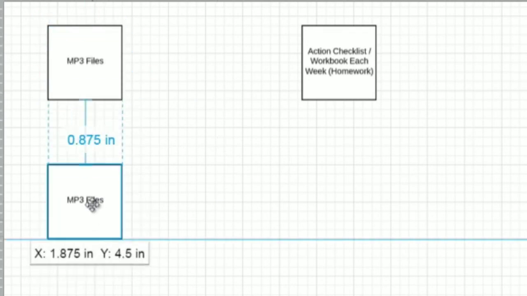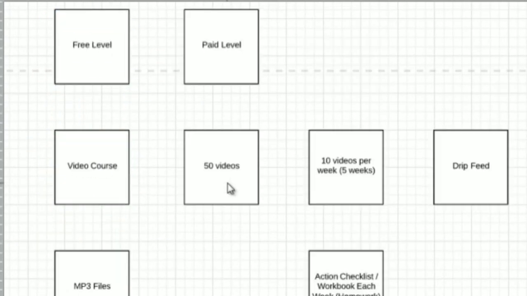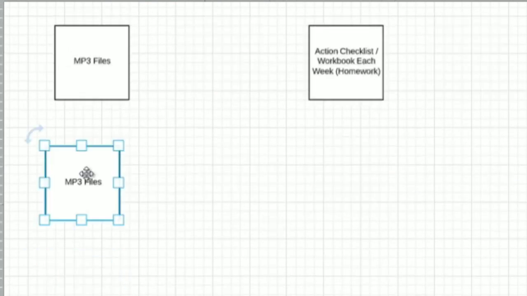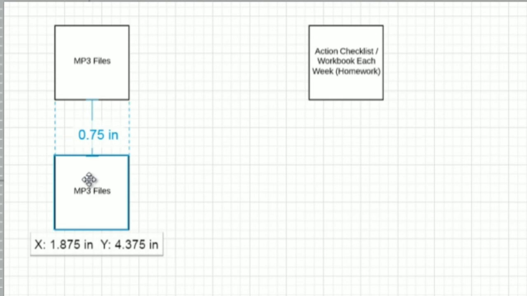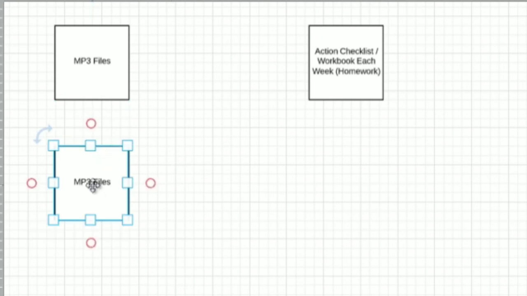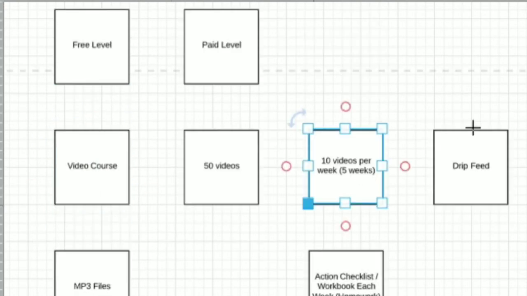So obviously, now that we know that we are distributing it on a drip feed process for 5 weeks, I think I'm going to do what we call a fixed term membership site. Let's see, 10 videos for the. So we could either do a one-time large high-end fee of like $497 or even $197, or we can do a monthly fee.